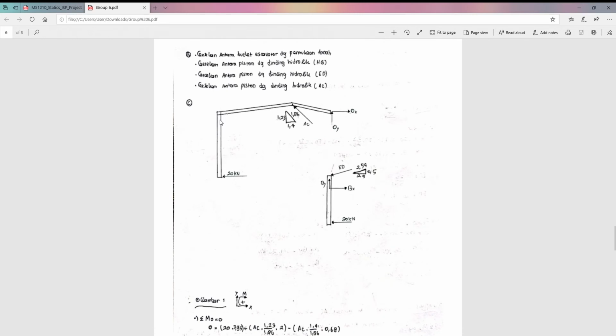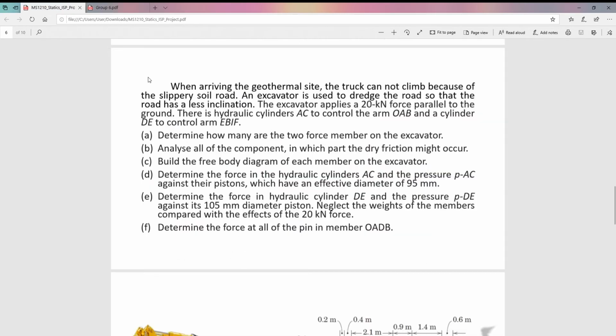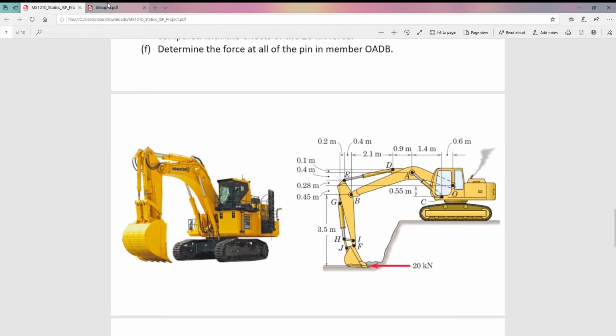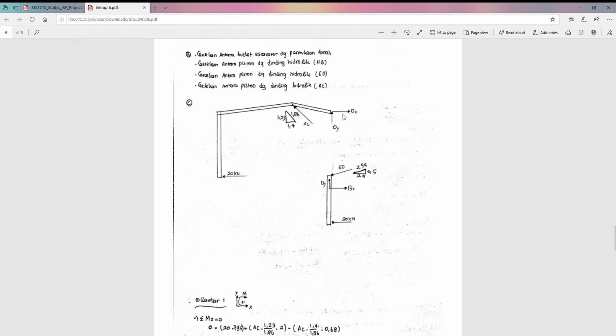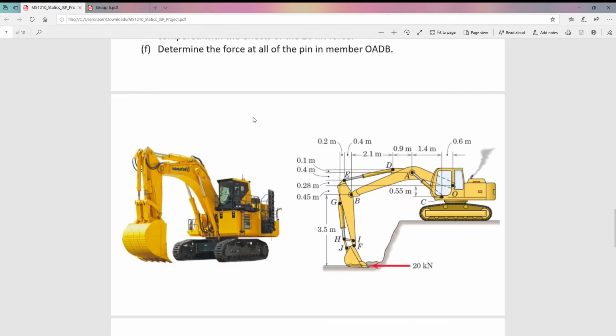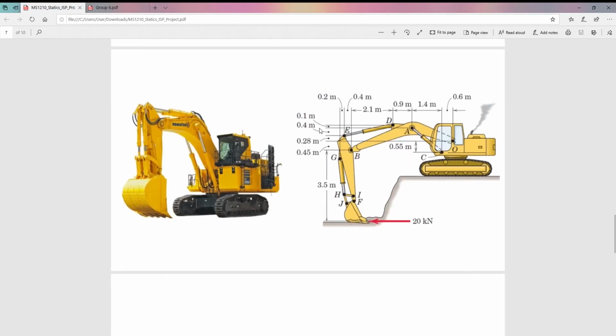We combine all of the components here so that it's not very complicated, and we make this as one unity because we think that there's a lot of internal forces here, so it doesn't really matter for the movement overall. So this is our first free body diagram, and this is our second free body diagram, which involves the hands only. So we just cut it right here.